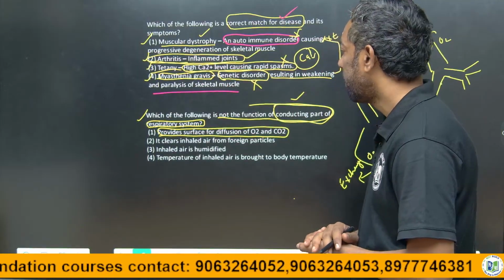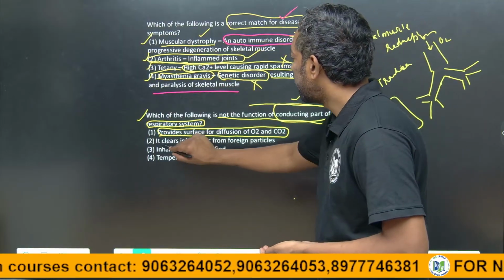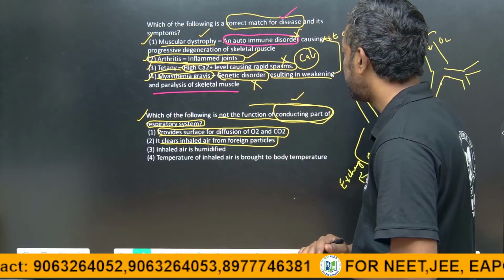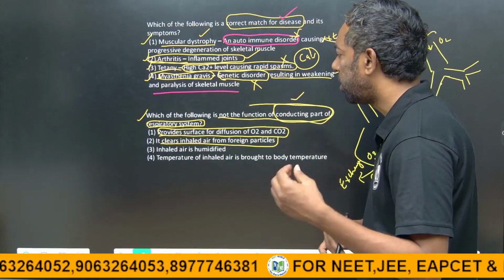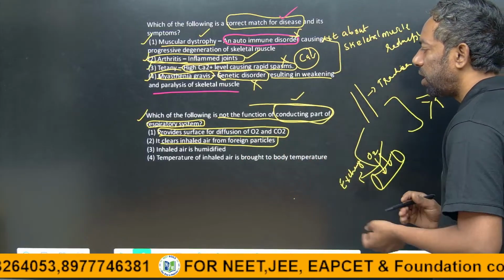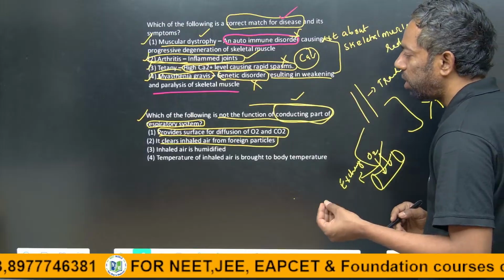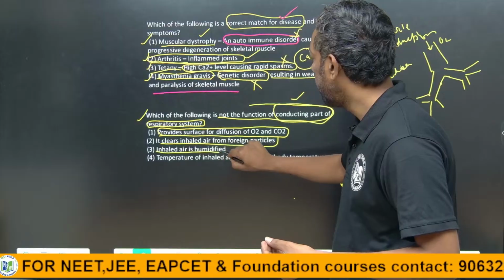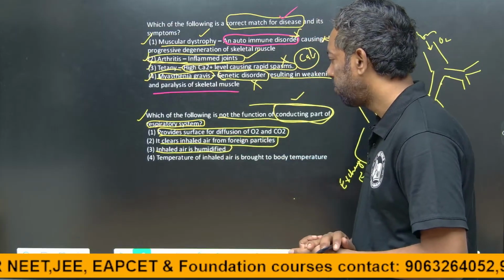Okay, the first option says provide surface for the diffusion of carbon dioxide and oxygen. Okay, yes, and it is clear it removes foreign particles from inhaled air. Conduction part, of course, it is clear it removes foreign particles, but that is not the right answer. Third one is inhaled air is humidified.